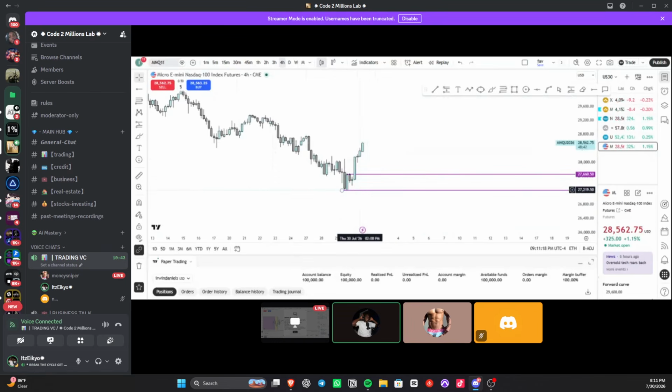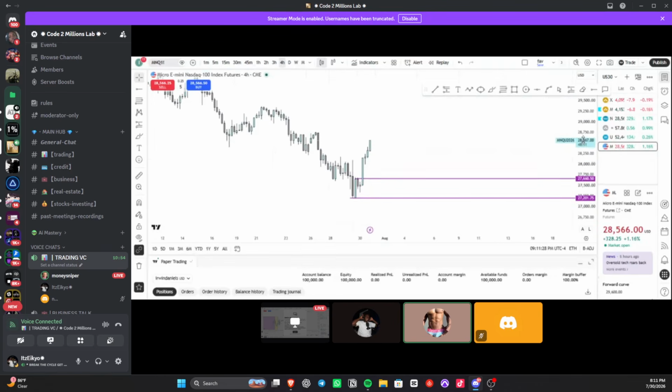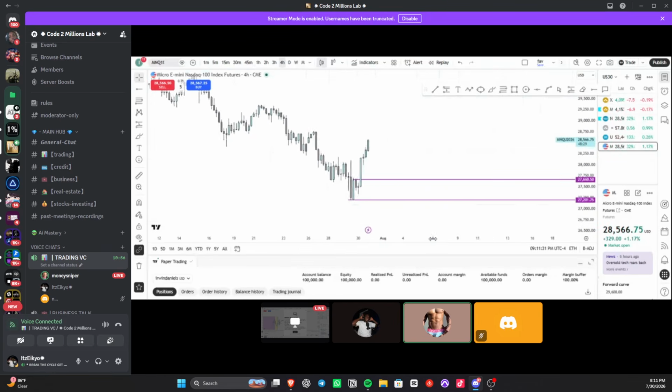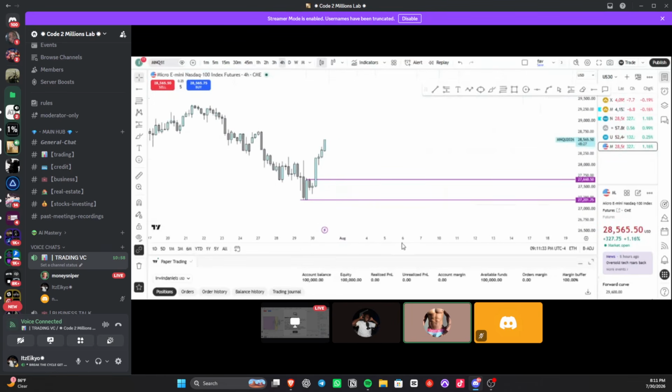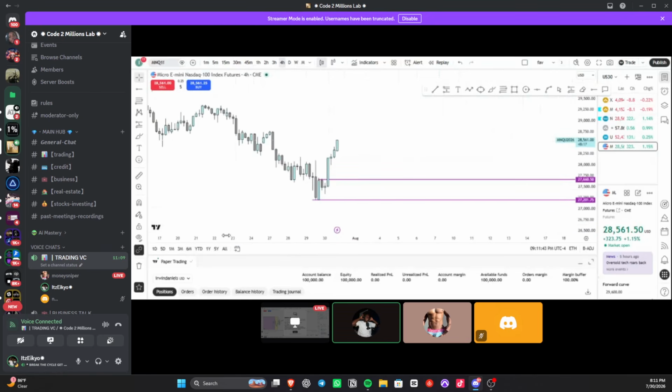Okay. What about your support and resistance? Where is that located on the chart we're looking at? Just from what we're looking at, where would your support and resistance be?